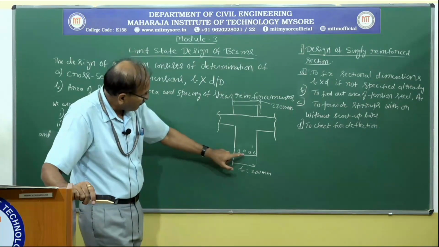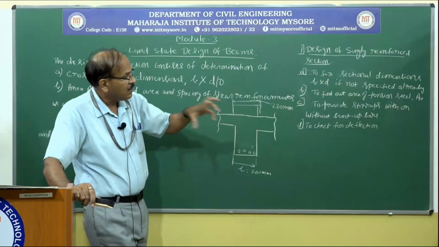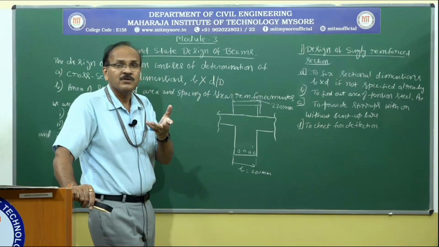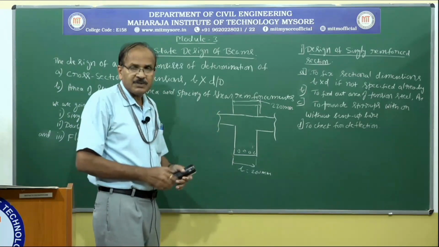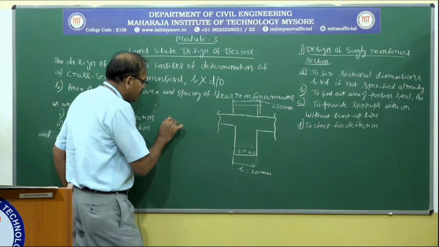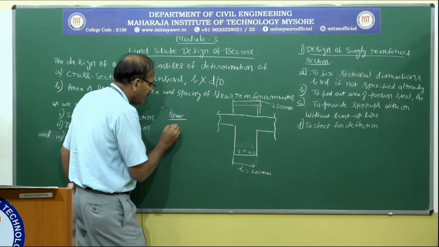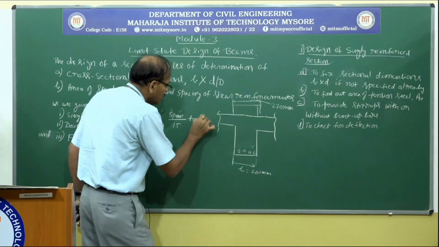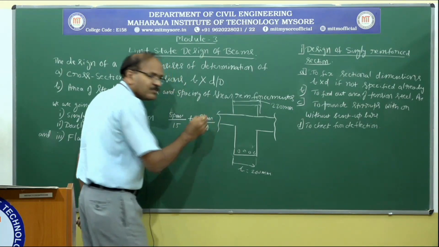As far as the depth is concerned, again we have to fix the depth based on the deflection requirement, but there is a thumb rule. The thumb rule says the effective depth should be span divided by 15 to span divided by 10.